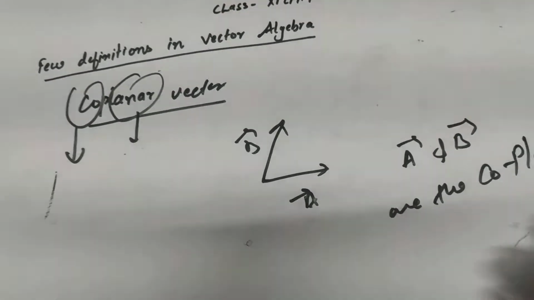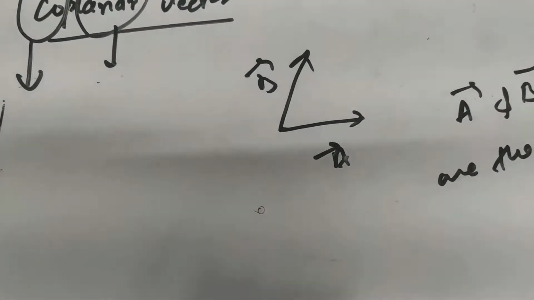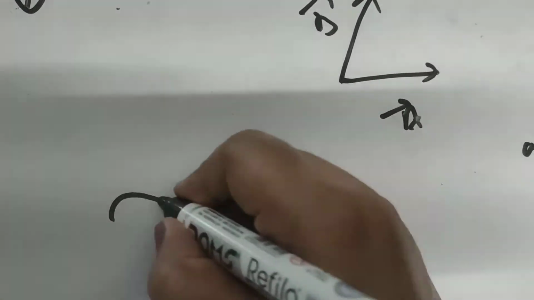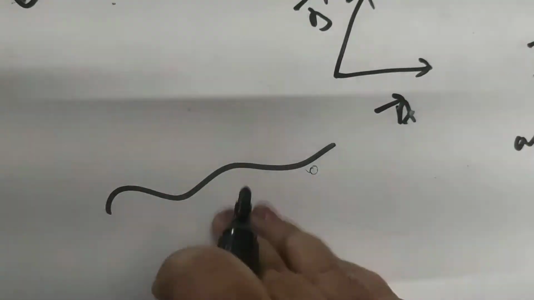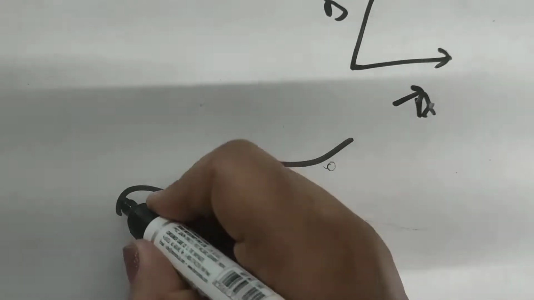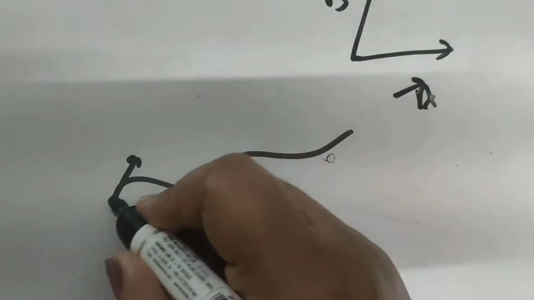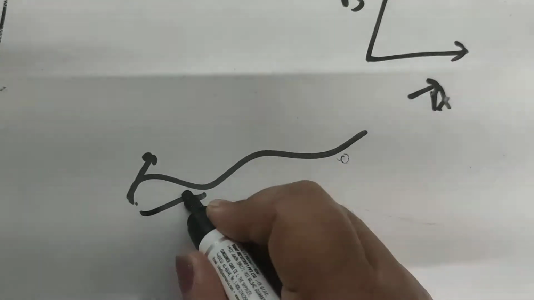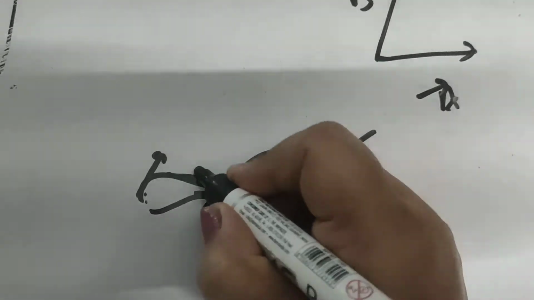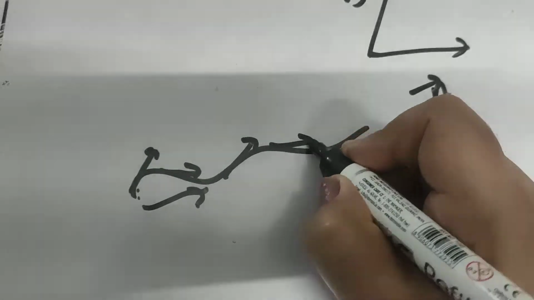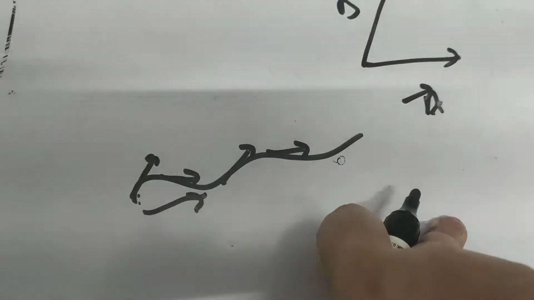To understand this, for example, suppose an insect is crawling over a floor. The vectors associated with it are two: it is moving along the horizontal direction, and every time its vertical component is changing. Such motion in which two dimensions of an object are changing, and the vectors associated with them, are known as coplanar vectors.